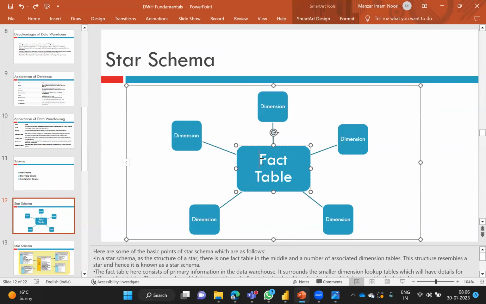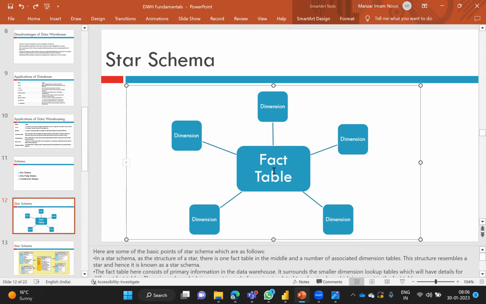So the fact table will have only the key information and the business values, or facts. For example, in the case of order tables, we have the order information: how many quantities were ordered, and what is the revenue. Only this kind of fact information, the measures, will be available in the fact table.